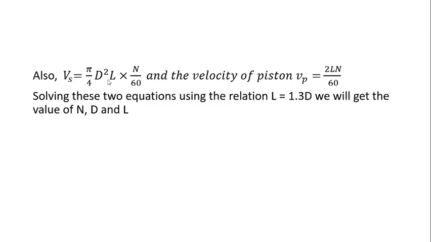So swept volume is equal to pi by 4 d square L into n by 60, and the piston velocity is equal to 2Ln by 60, and L is equal to 1.3 d. So 3 equations, 3 unknowns.